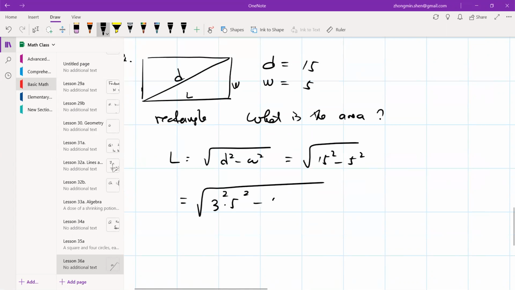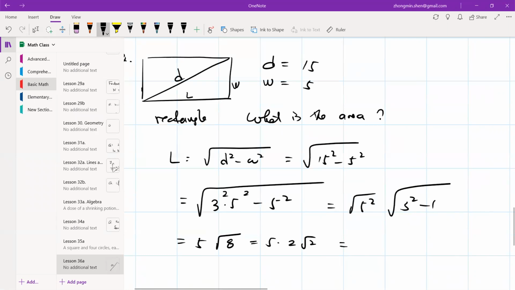So you have a 5 squared, you can take it out. So you get 5, and the square root of 9 minus 1 is 8, but the square root of 8 is going to be 2 times square root of 2. It's 10 square root of 2. So that is the length.